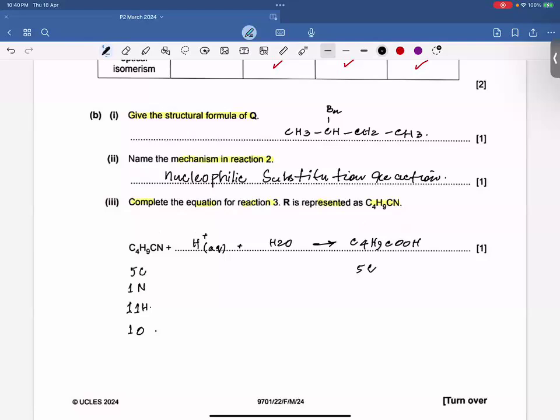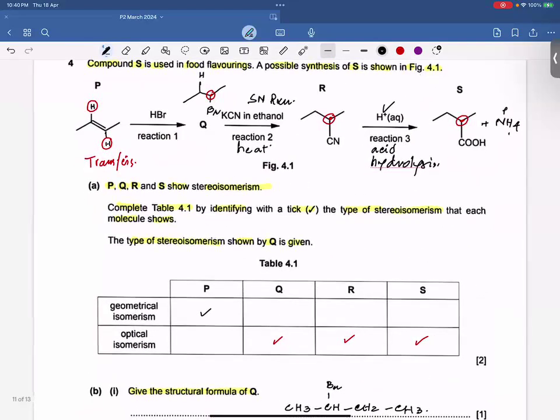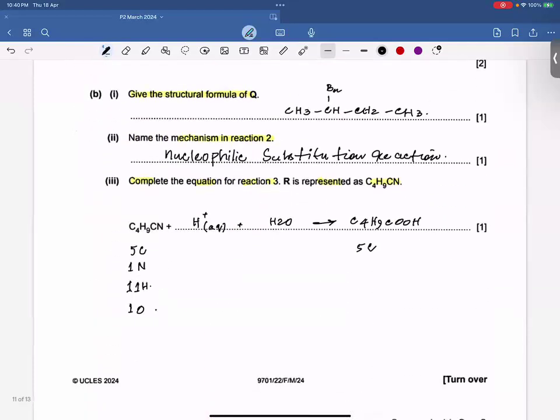How many nitrogen atoms? Obviously, it will turn to an ammonium ion. So we really need to write it here in the complete equation. Since the examiner demands the complete equation, we need to put ammonium ions here. How many nitrogen atoms now? 1 nitrogen.